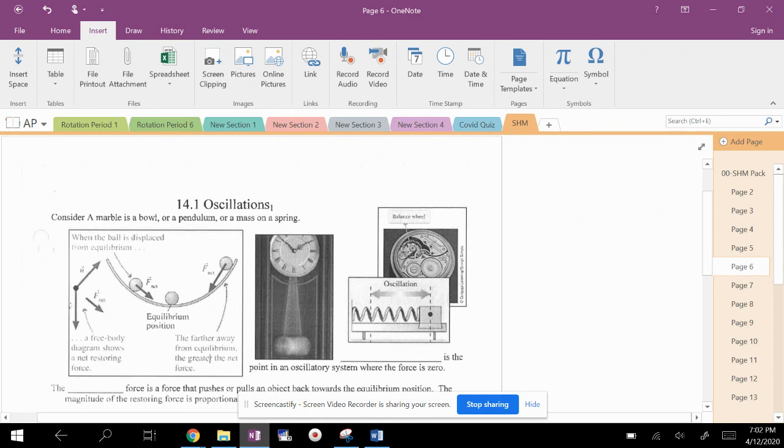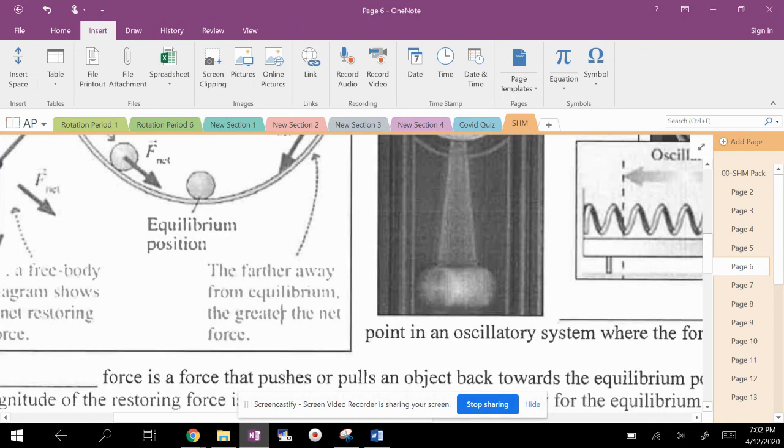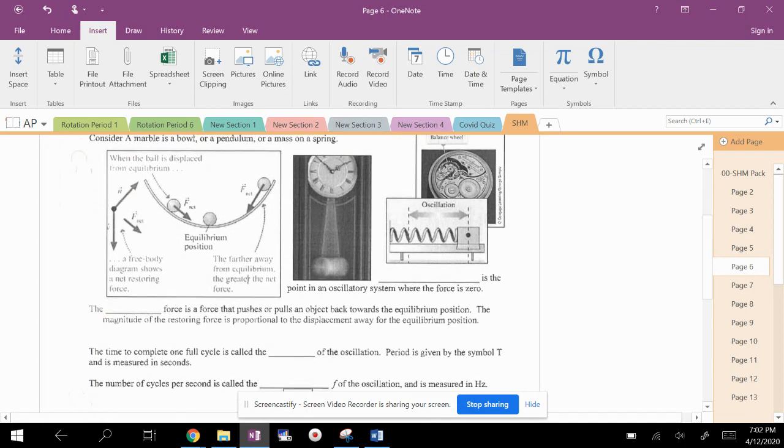Okay, and this kind of talks about different types of simple harmonic motion. So when you have a spring that's attached to a mass and it reaches a point, let's say I take this mass and I stretch it all the way out here, and this distance is x, and we're also calling this point the amplitude.